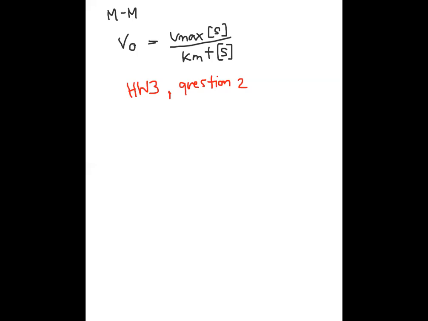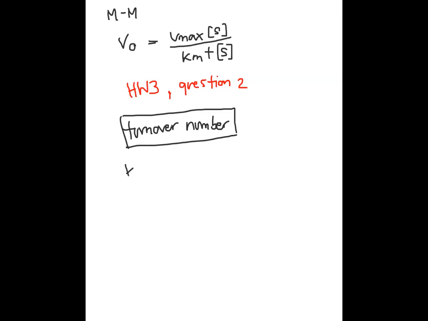So the last part of the kinetics is the turnover number of the enzyme. To calculate the turnover number, in the lecture we refer to it as K2, and we calculate it under Vmax conditions. The equation that we use is that the turnover number equals Vmax divided by the total amount of the enzyme.